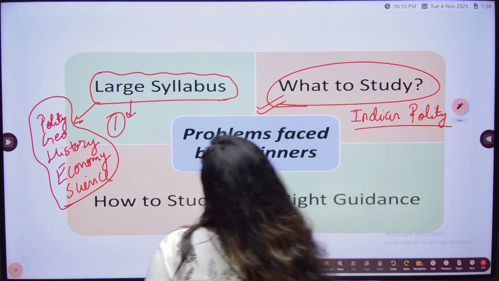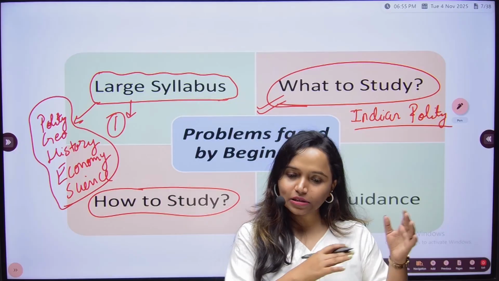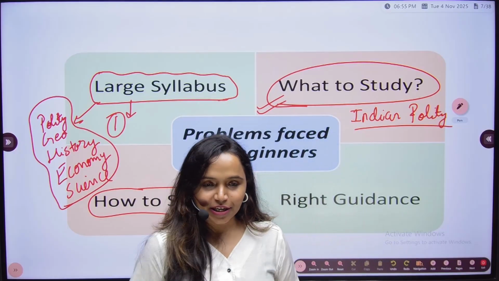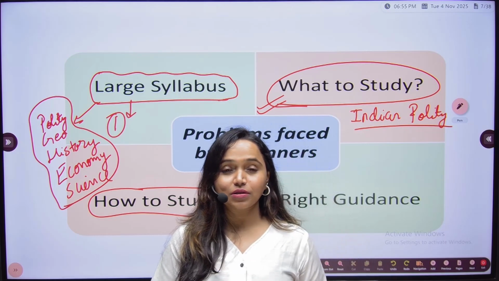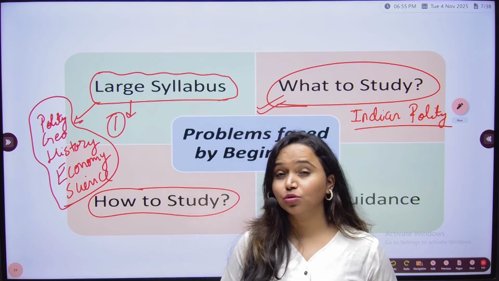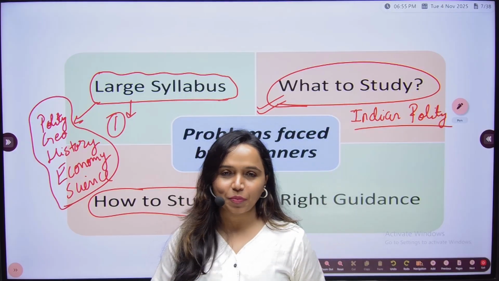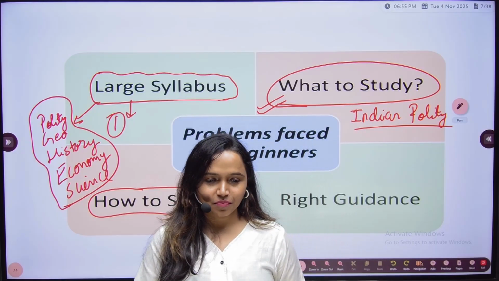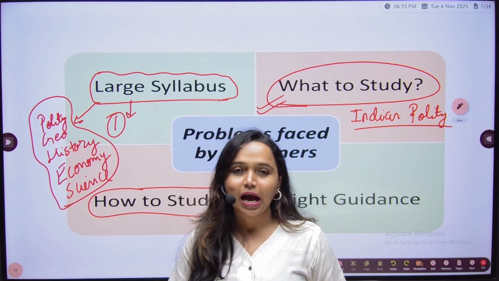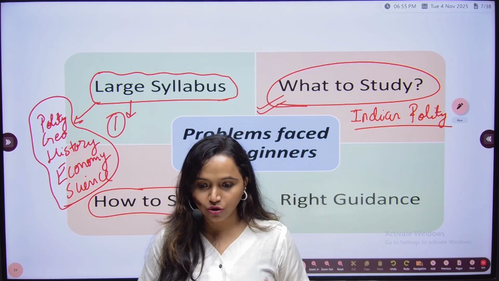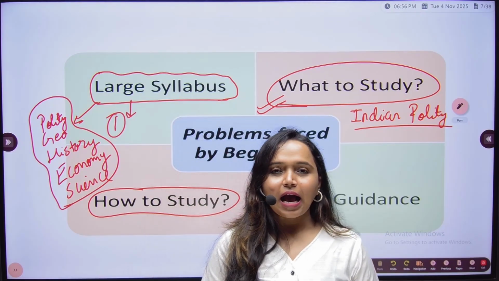And how to study? You can't just take a book one day and read it. Even if you try, you will be able to solve only one or two questions, and that will also be very challenging. There was a time when I started reading Spectrum, and because of the lack of guidance or the right approach, I started making notes for Indian polity from Lakshmikant.